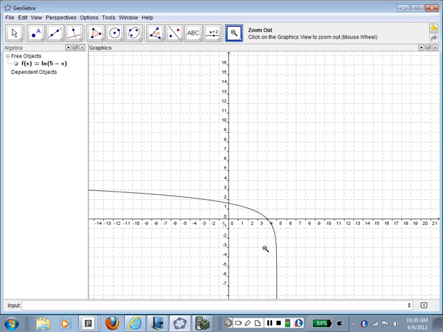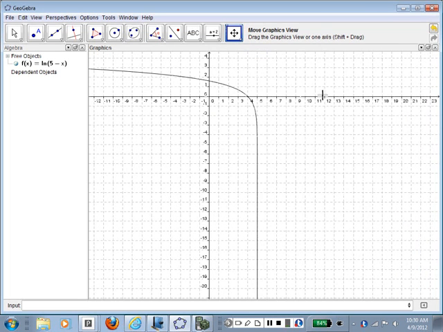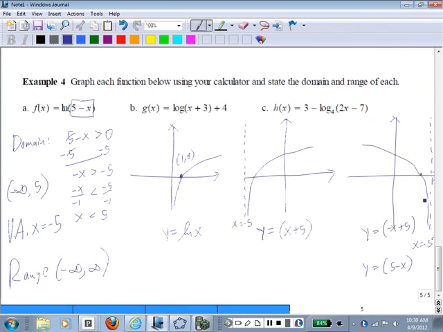There you go. You can see what the graphing calculator doesn't exactly want to show you. I can zoom out enough. You can see the GeoGebra even will have a lowest point on the graph, but there's not a lowest point. It goes all the way down to negative infinity. There's the vertical asymptote, x equals negative 5.